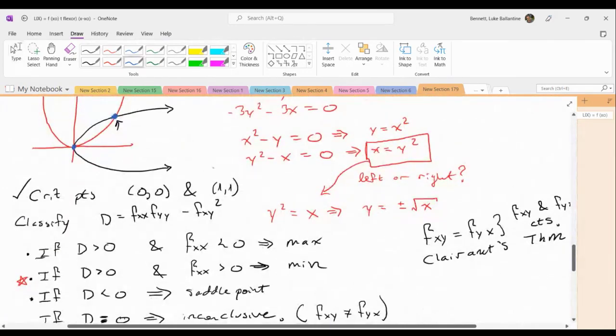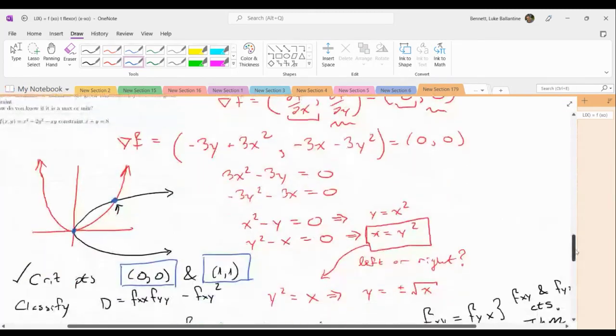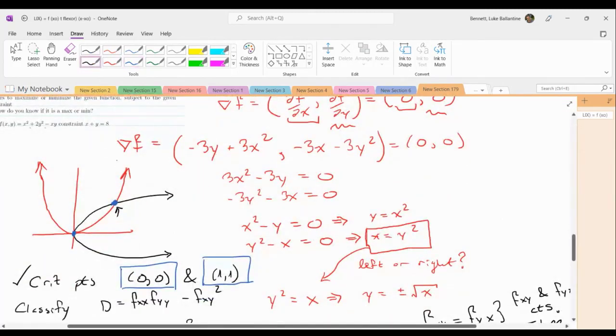We have to classify the critical points (0, 0) and (1, 1). So that means we need second partial derivatives. The first partials were just the gradient of f right here. So fxx would be if I took this and then took the x derivative of it, which is just 6x. fxy, which equals fyx: I can take this again and take the derivative with respect to y, and now it's -3.